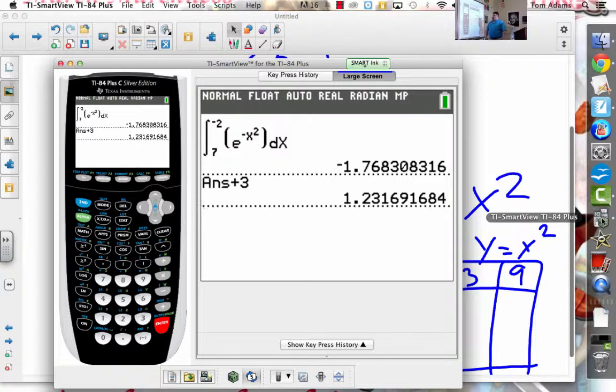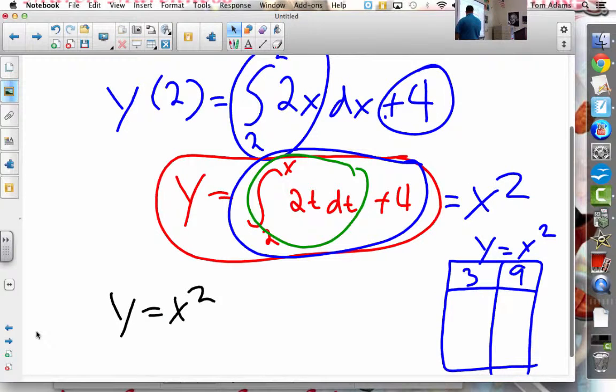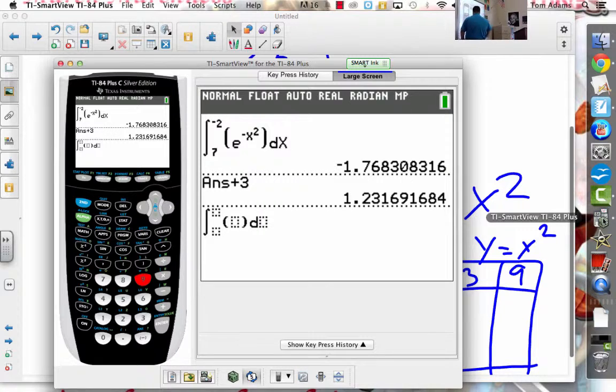If I want to know what y is evaluated at 3, I would do something a little different. I would say math, integral, and I'm going to go from, what was it, 2 to x. So I'm going to say 2 to 3, right? Because 3 is what we're interested in.